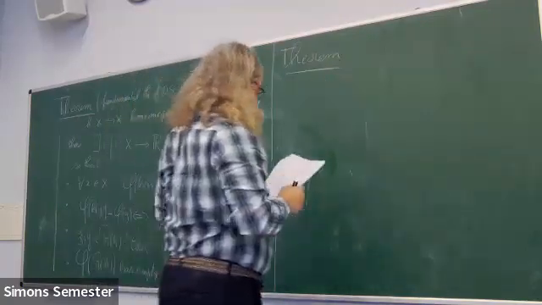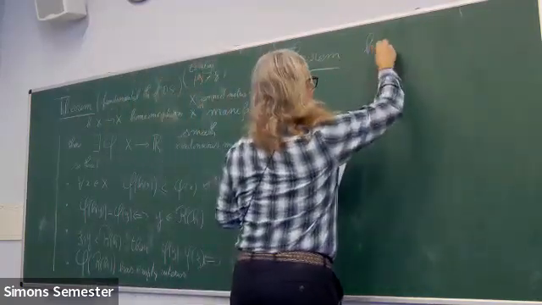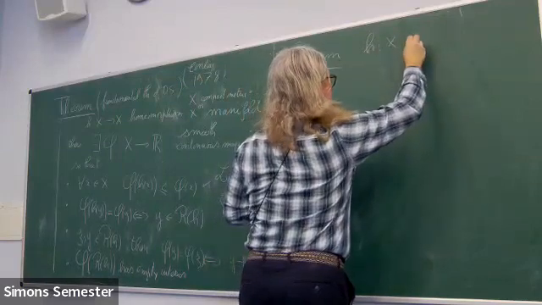So always you have that H is a homeomorphism of a compact metric space.